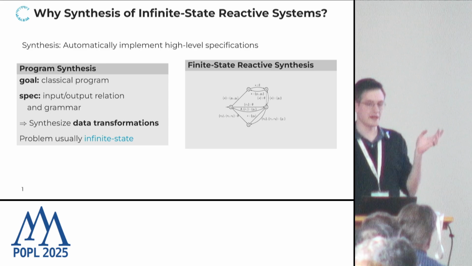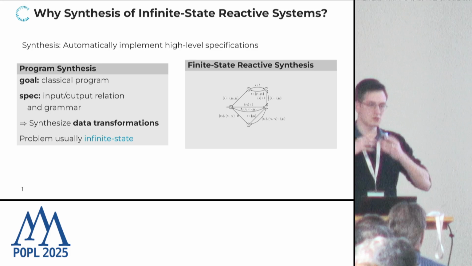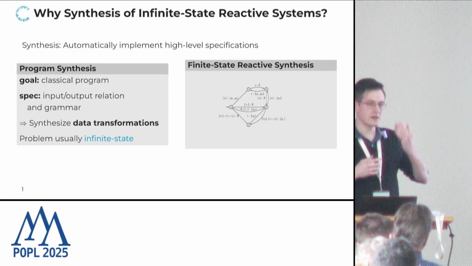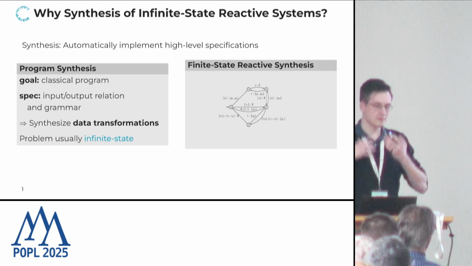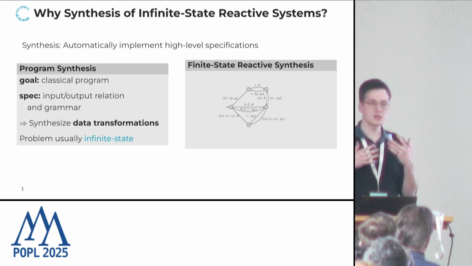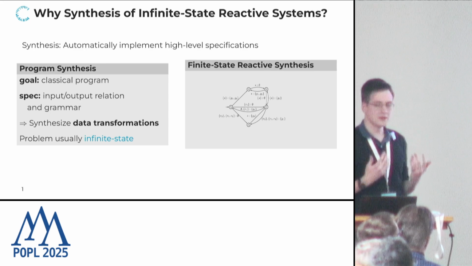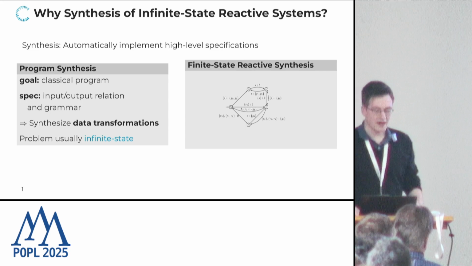And usually you have something like a grammar that defines what a well-formed program looks like. In some sense, what you generate is some kind of data transformation. And since you often have data variables that have integer types or something like that, you have an infinite state problem.